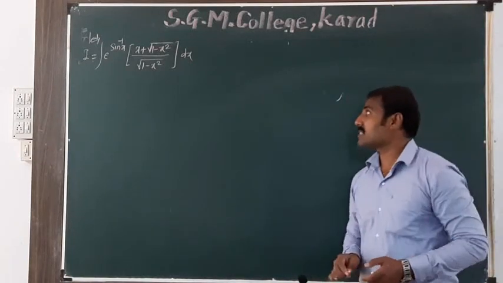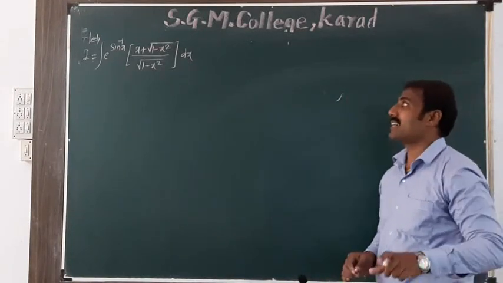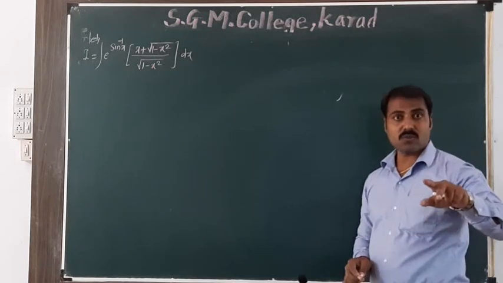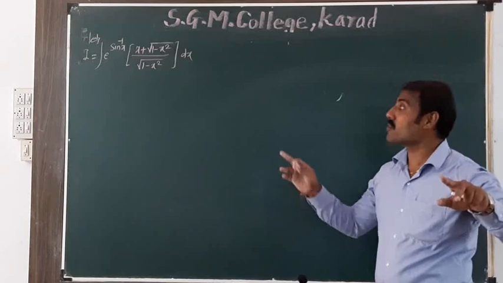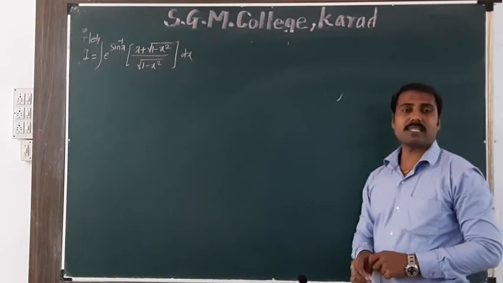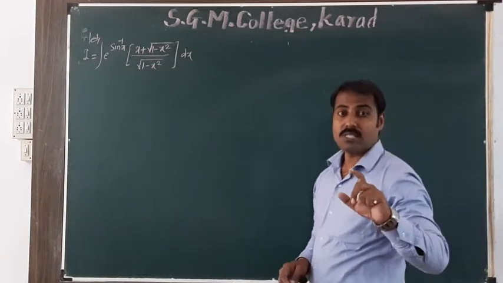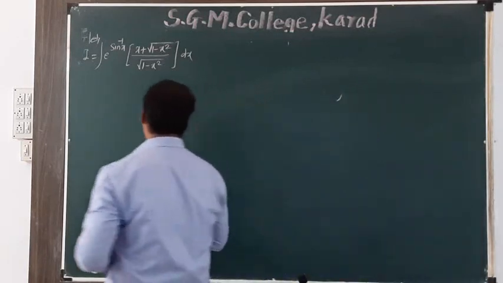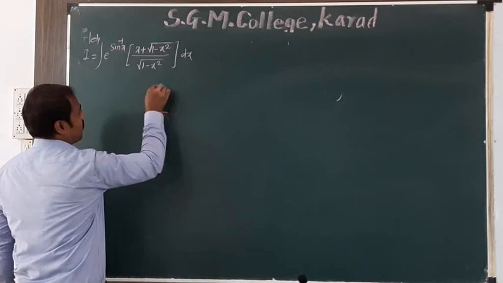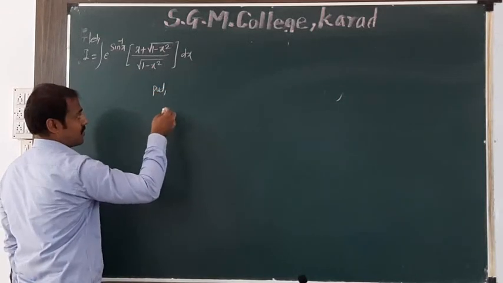In this example, we will clearly see that derivative of sin inverse x is 1 upon root of 1 minus x square. That term is present there. So we solve this integration by substitution method. What is the substitution method? Put for the function whose derivative is there.